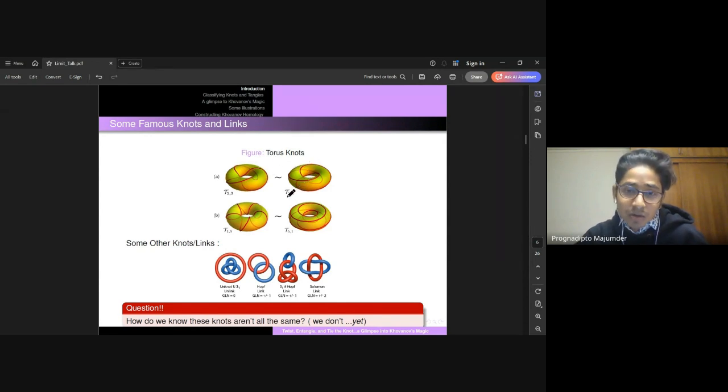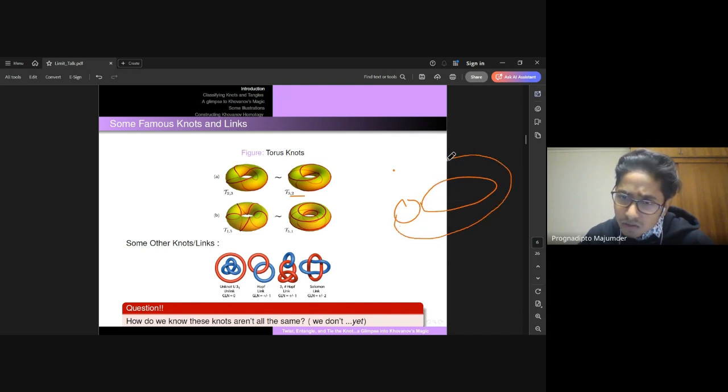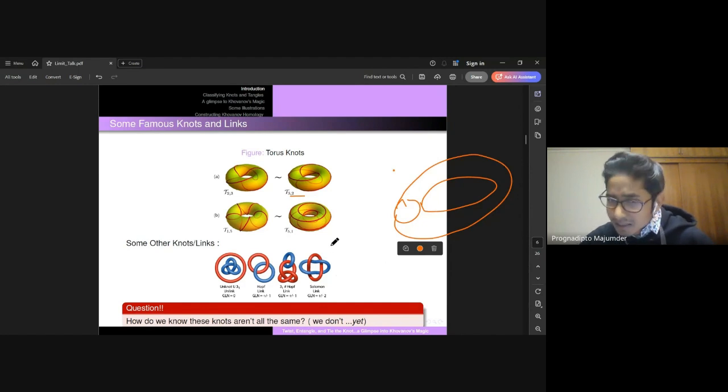So this 3,2 means that this loops around the smaller circle 3 times and along the bigger circle twice when you project it onto one of these. So that's the notation. And a torus is, this is a smaller circle and this is a bigger circle. So far, so good. And so far, if you have any questions, just feel free.